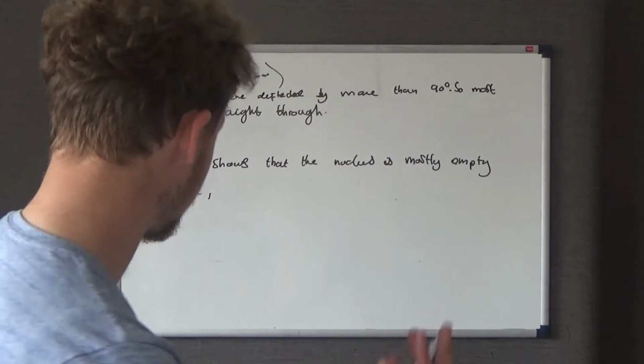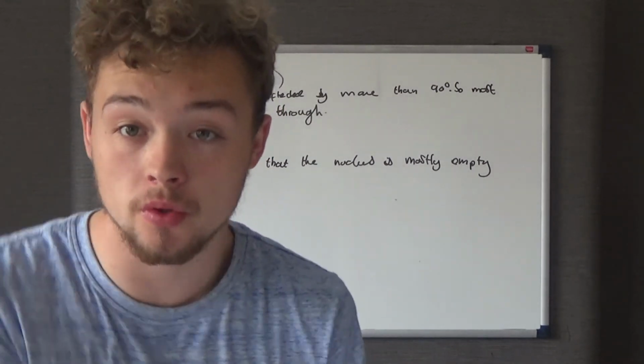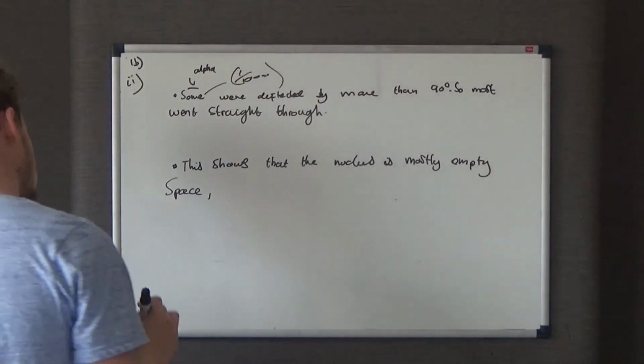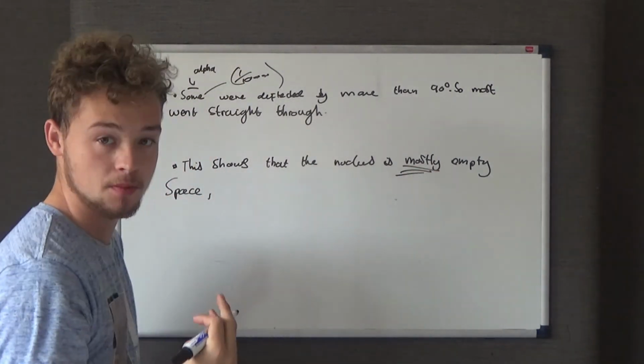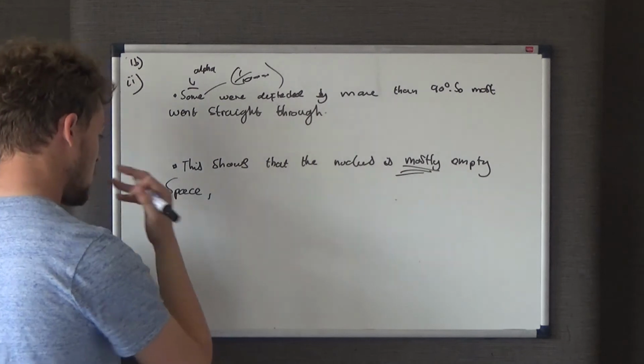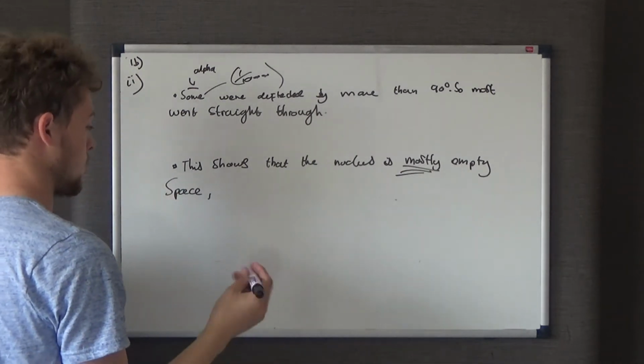However, you need to also reference the fact that, why were some deflected by so much? That it's mostly empty space, and not all of it's empty space. So therefore you need to say what was causing this deflection.